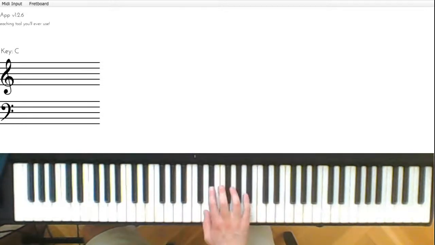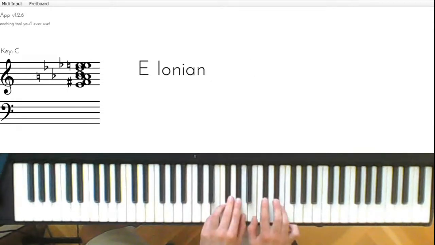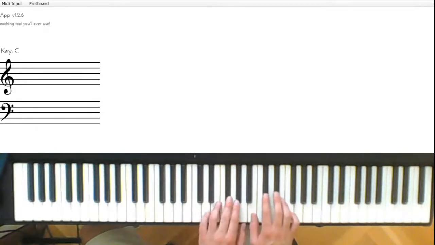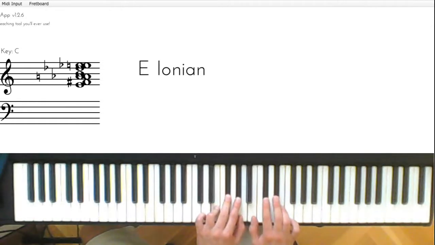Okay, for example, we transpose it now to E major. So we were in a minor scale, now we are in a major scale. And this is our scale, E major or Ionian.